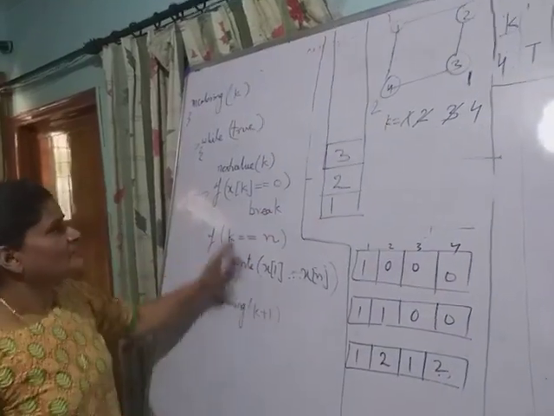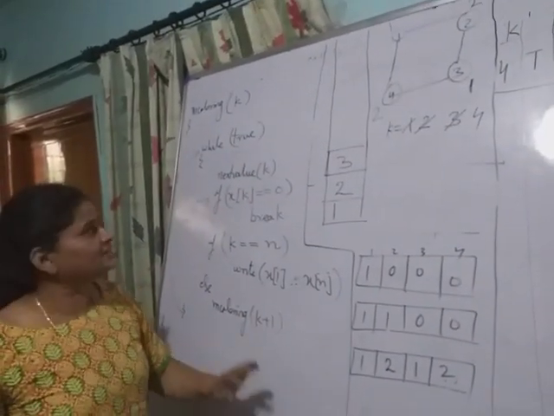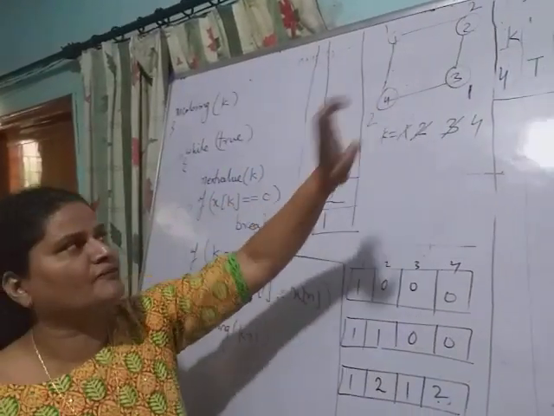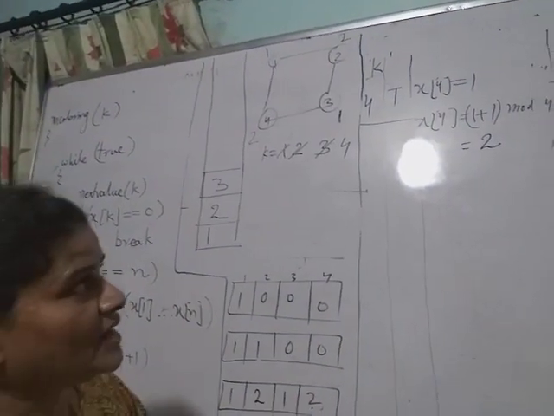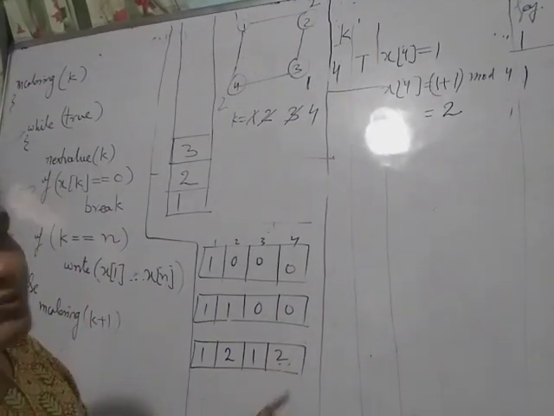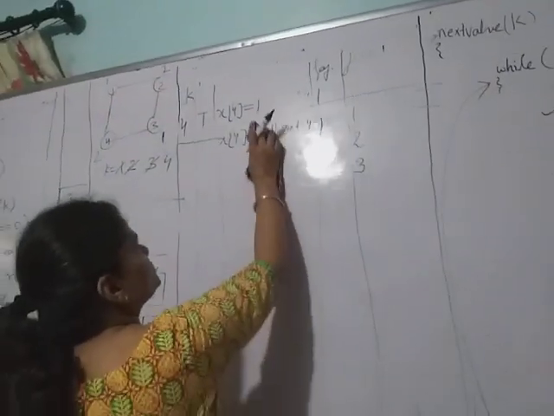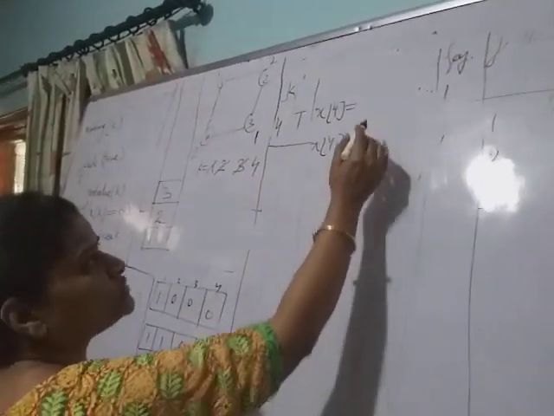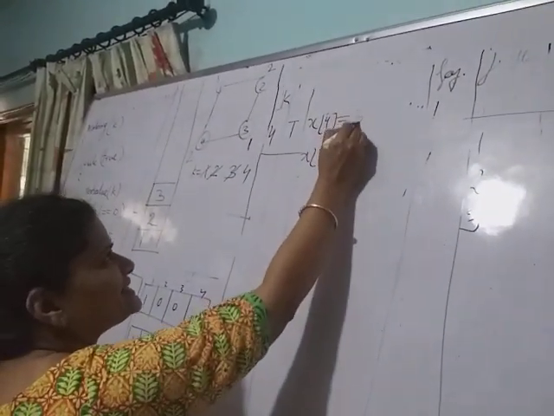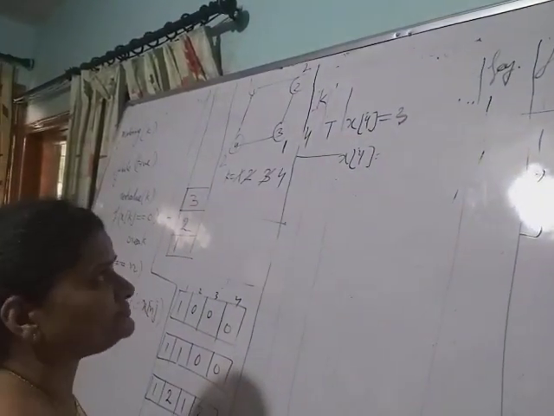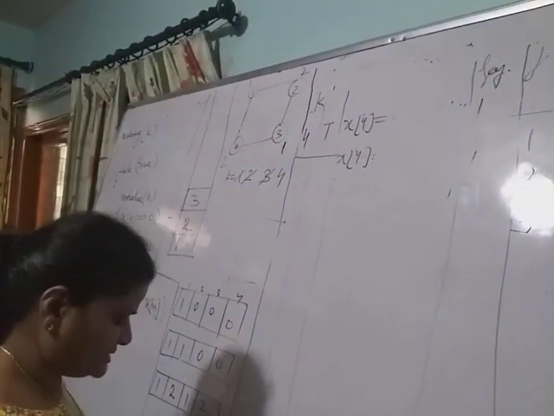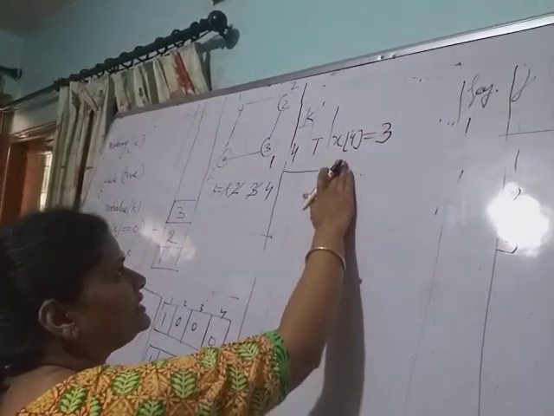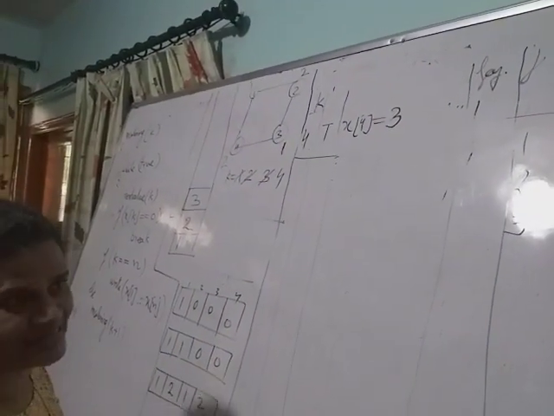Okay, so now because it will generate all possible colors, the next value is called for the fourth vertex again, but now the current value of x4 is 2. So it does x4 equal to (2 plus 1) mod 3, which generates the value 3.